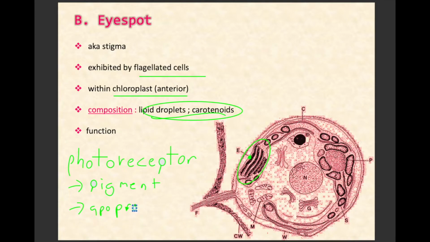So the composition of your eyespot, or stigma, is made up of lipid droplets, responsible for bouncing light towards your photoreceptor. Your photoreceptor is made up of your pigment plus your apoprotein molecule, and this is what we call your rhodopsin.